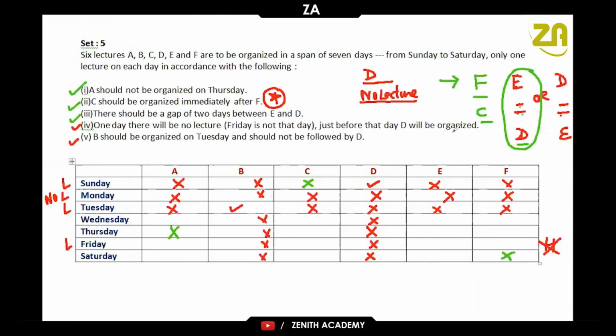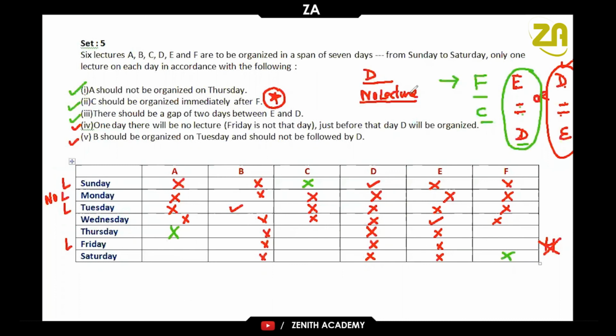Lecture D is here, then this is a possible order. If lecture D is here, then 2 days gap and then lecture E. Sunday is lecture D, then Monday, Tuesday, and Wednesday is going to be lecture E. So cancel out this, and in a row, this cell, this cell.